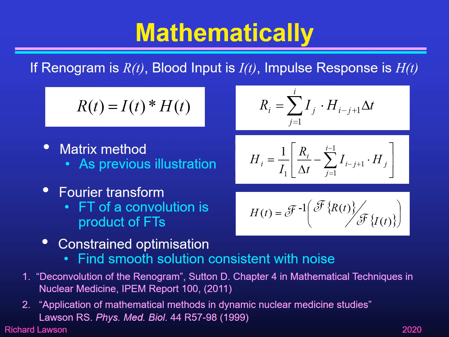So a better method is to use a constrained optimization technique where you find a smooth solution that is consistent with the noise. That's a more sophisticated way, but whichever method you use, you have to be very careful to allow for the fact that the data is rather noisy, and that tends to blow up and amplify any small errors.